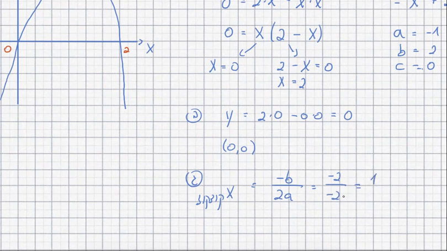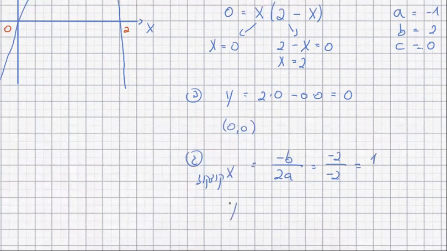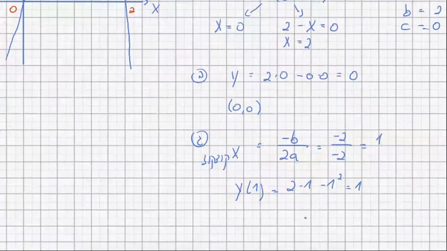Correct. And the y, if you want to add it, the y of 1 is 2 times 1 minus 1 squared, which is 1. So you have to finish with writing the point like that: 1, 1.